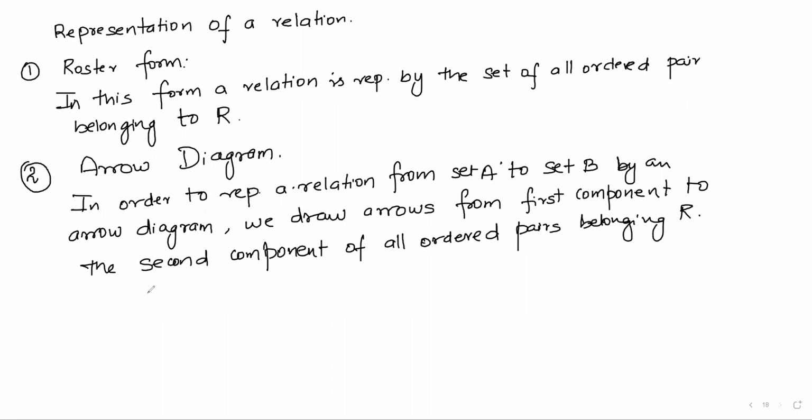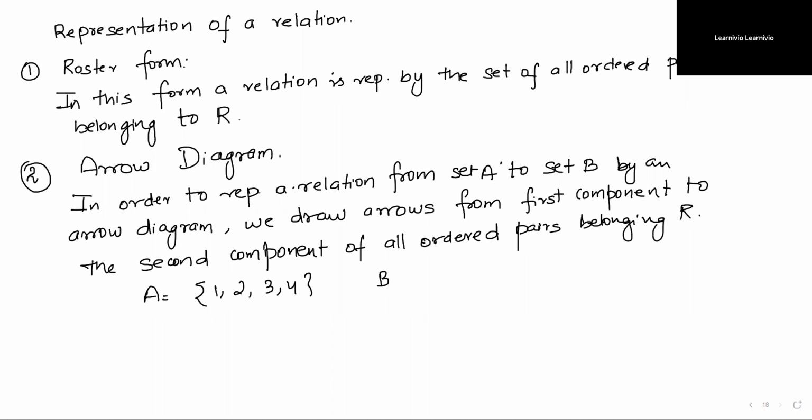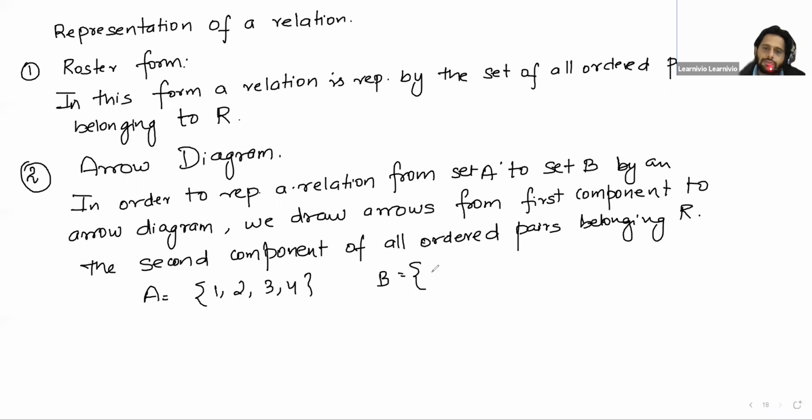For example, if we have a set A having the values 1, 2, 3, 4, and a set B having 6, 7, 8, 9, and we have this relation: (2, 6), (2, 8), (4, 6) and (4, 8).